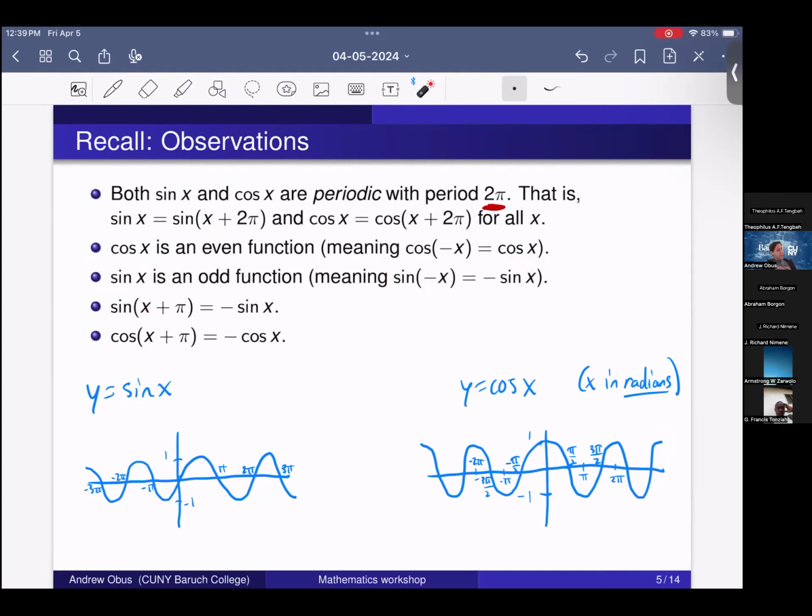If you just add pi, then sine of x plus pi is going to be minus sine of x instead of sine of x. And cosine of x plus pi, if you only add pi, you don't get cosine of x, but you get minus cosine of x. Okay, so these were things that we observed from looking at the graphs.